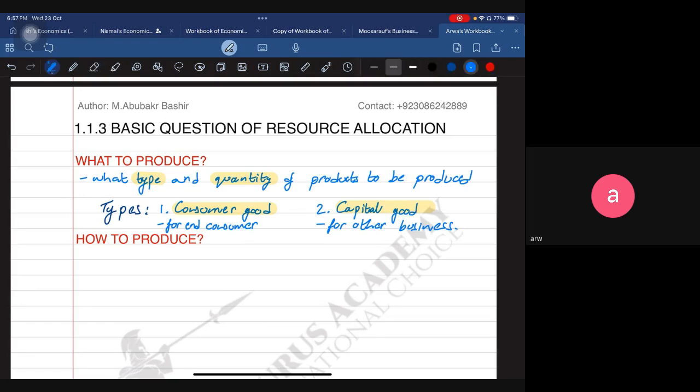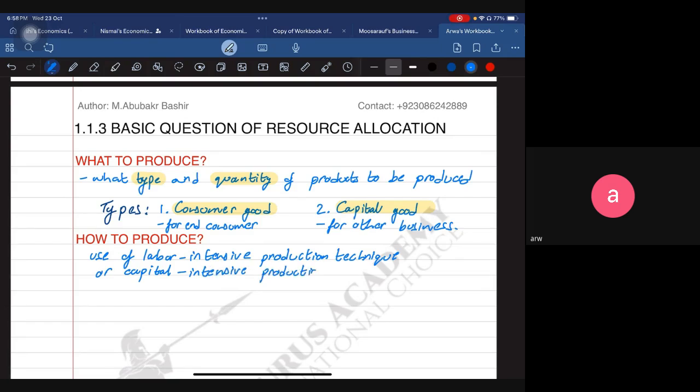Second thing is how to produce. Either the use of labor intensive production technique, or the other thing that you have is the capital intensive production technique.